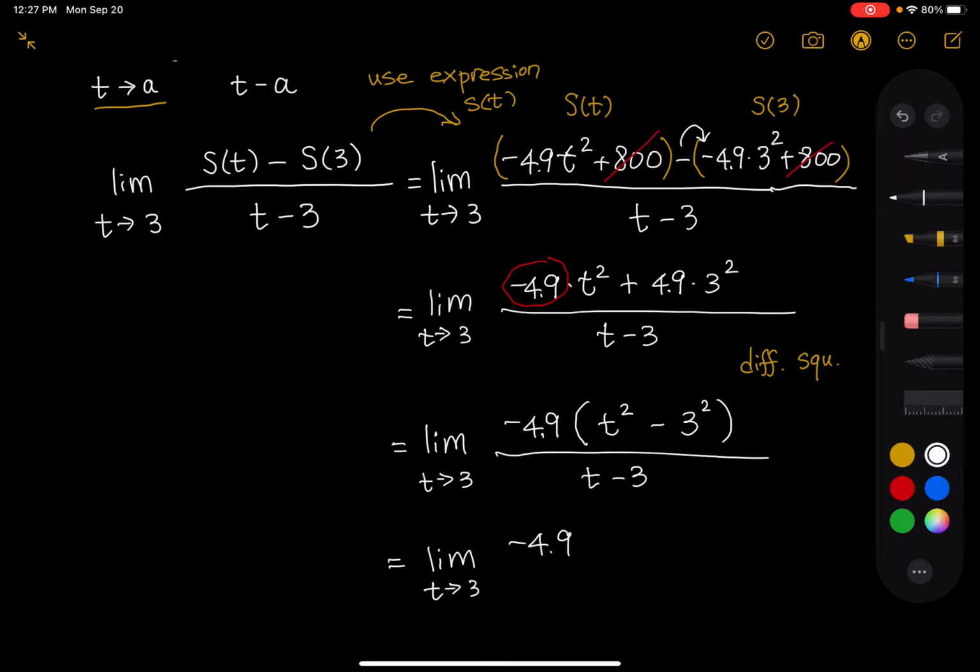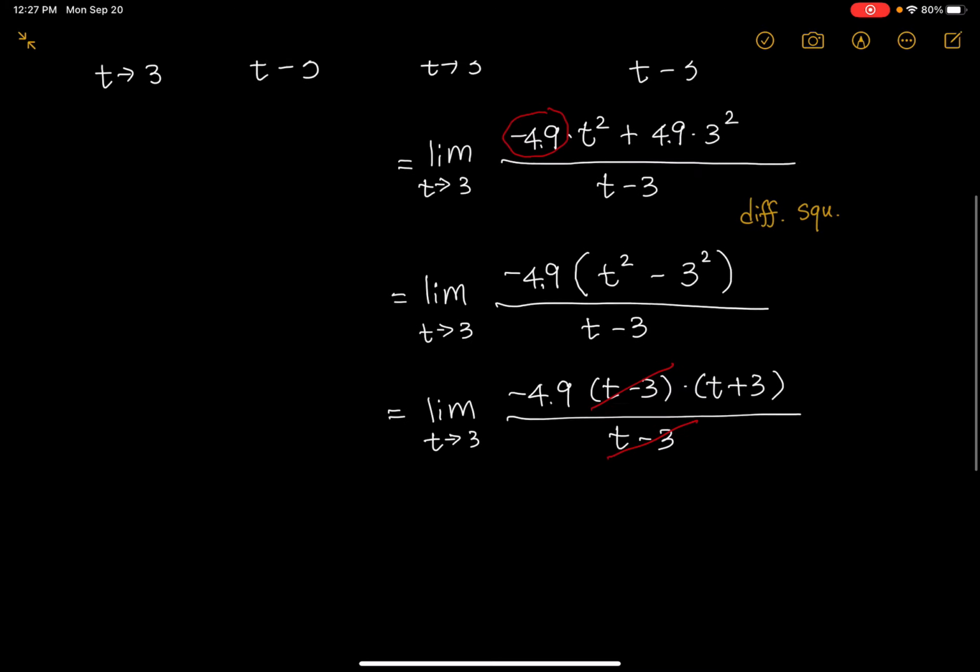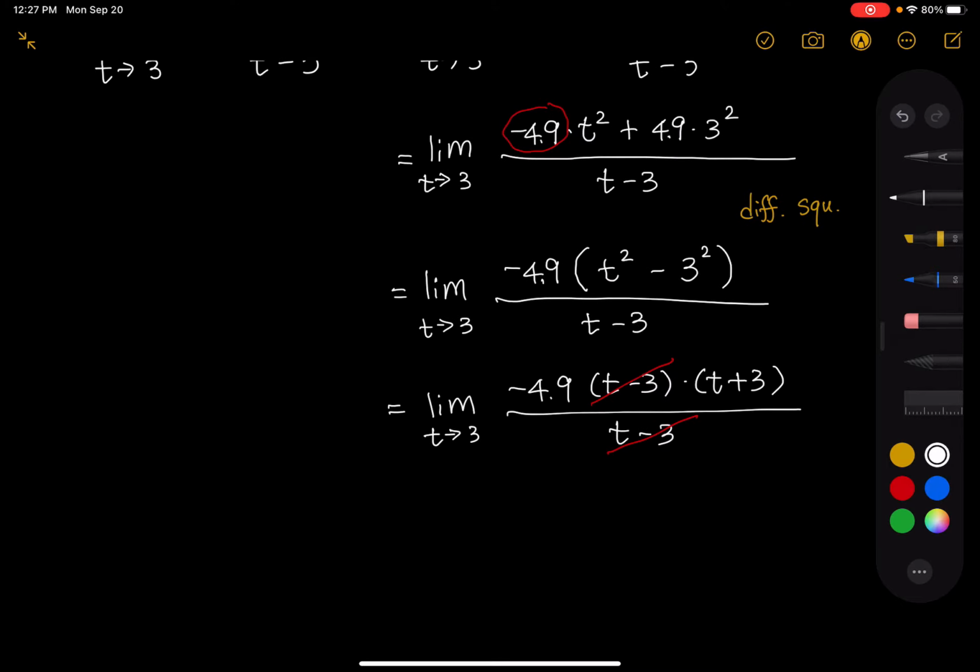We can factor the difference of squares as t minus 3 times t plus 3, which will cancel out with the denominator. So what is left is this limit as t goes to 3, negative 4.9 times t plus 3.